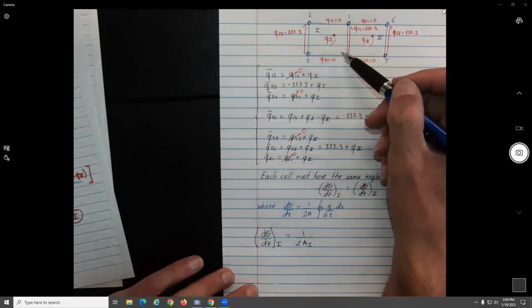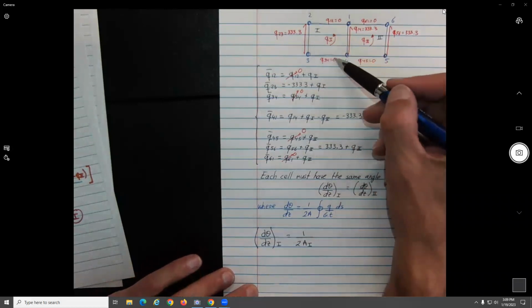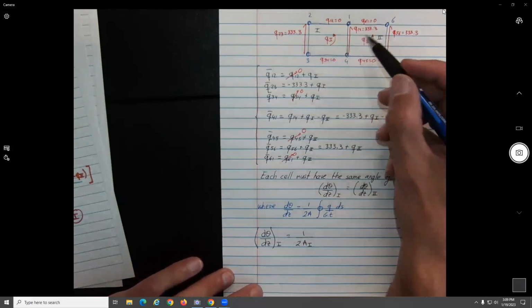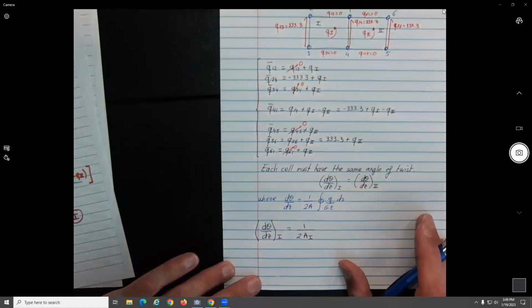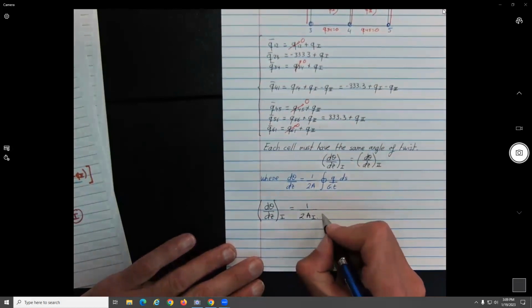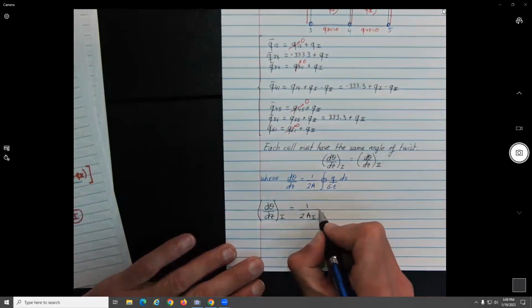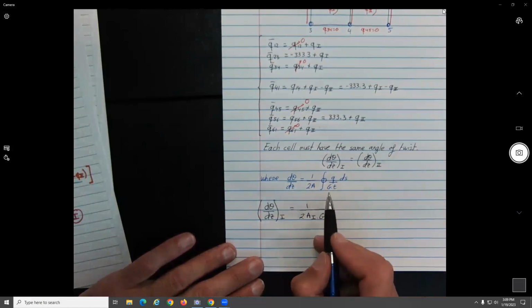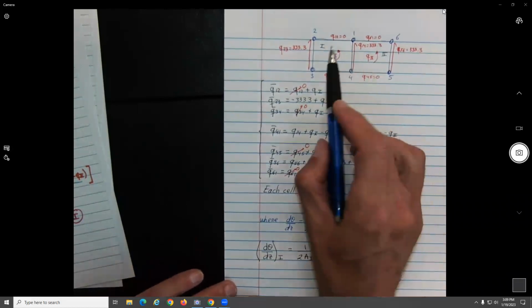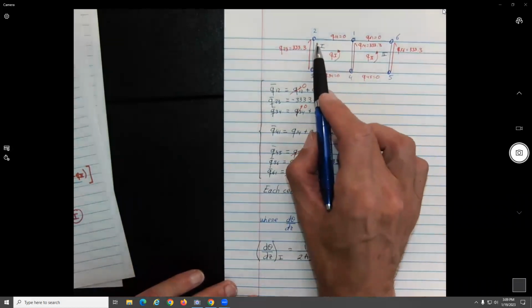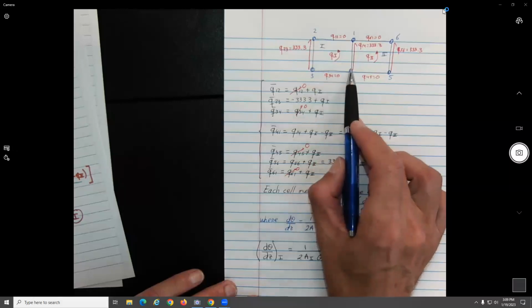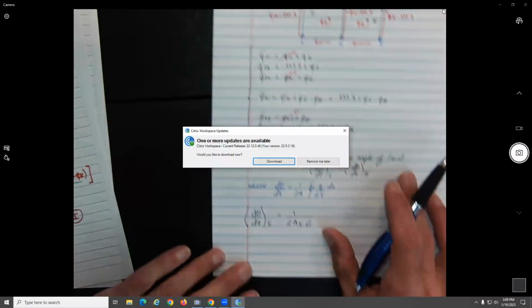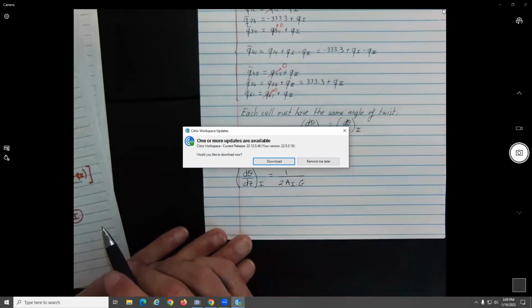Actually in this case it would be easy: 10 times 10, no? Now, since the whole structure is made of the same material, I can factor out the G as well. The reason why they put it inside is because you might have maybe this member which is made of a different material than this one, no? But in this case, they're all made of the same material, so that's why we can pull it out.